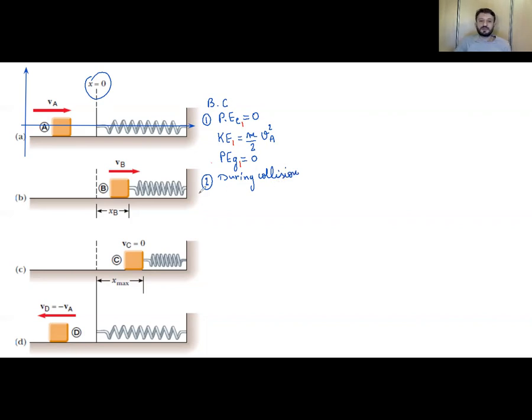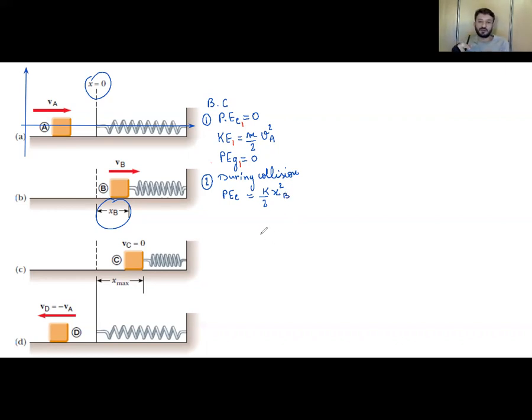About the spring, do we have a compression? Yes, because the spring is being compressed. We have xb. So here we have elastic potential energy equals half k xb squared.